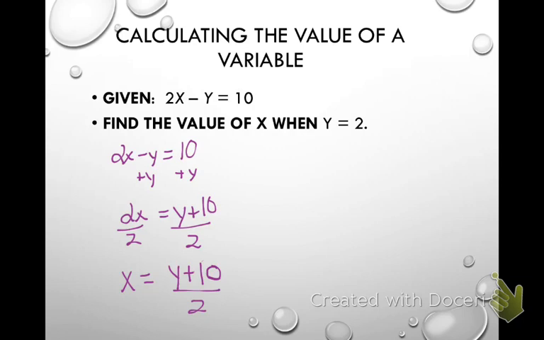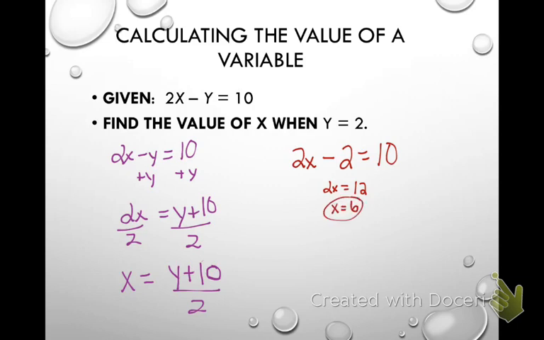Realistically, what are you going to do, though? You're going to take the problem that they give you, and you're going to have 2x minus 2 equal to 10, and you're going to solve for x, right? You're still going to get 6 because we're still going to get 2x equal to 12, and we're going to get x equals 6.